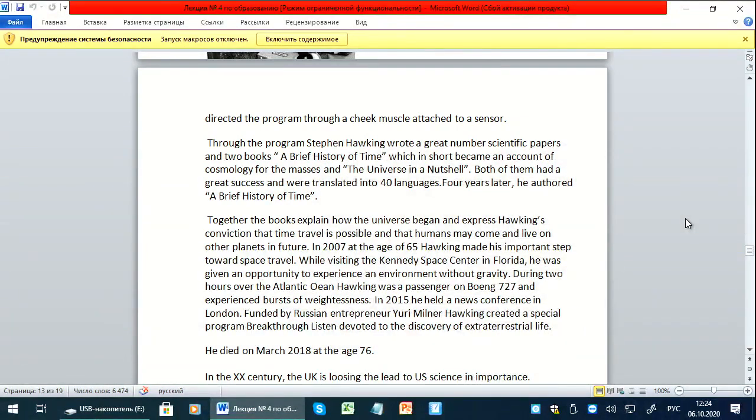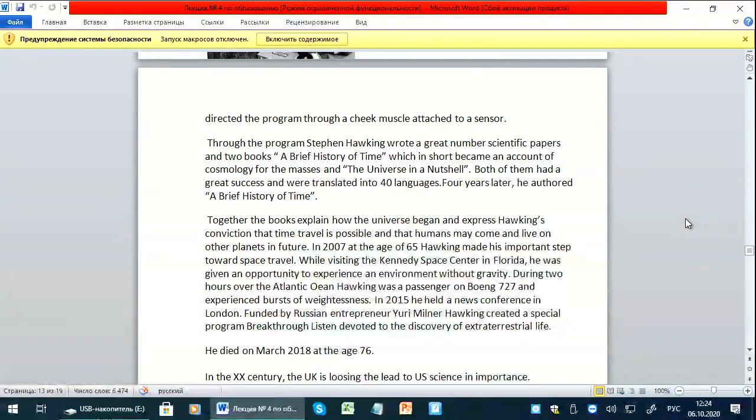In 2015, he held a news conference in London. Funded by Russian entrepreneur Yuri Milner, Hawking created a special program, Breakthrough Listen, devoted to the discovery of extraterrestrial life.